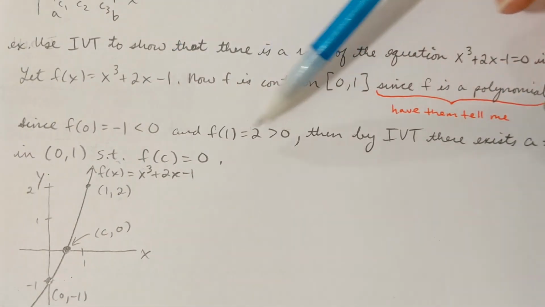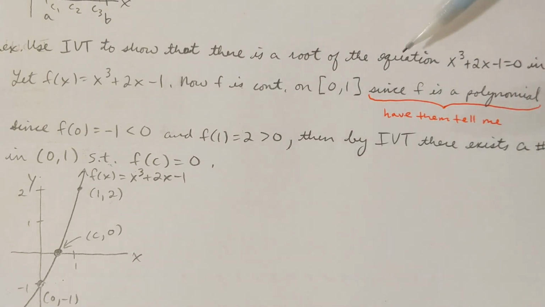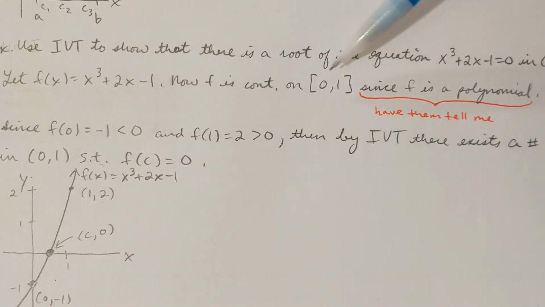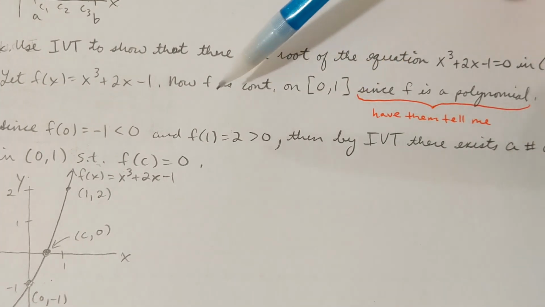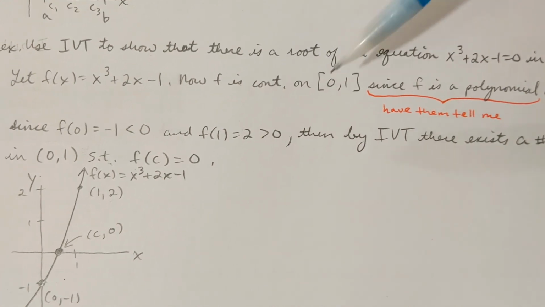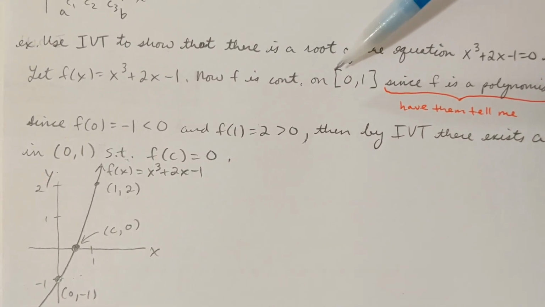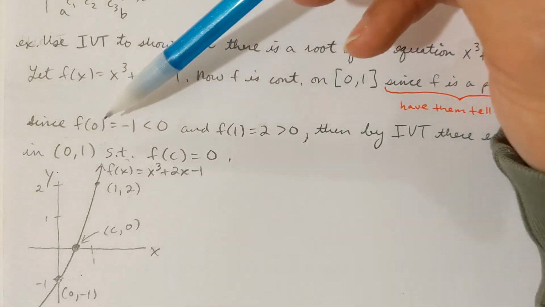Also, none of this would be true if f is discontinuous. You have to tell me that f is continuous on the closed interval, whatever it is, a, b. That's something that I'm looking for when I grade, that you mention that f is continuous on the closed interval. Now, you have to state that it is a closed interval. If you say an open interval, then you can't plug in these endpoints here.